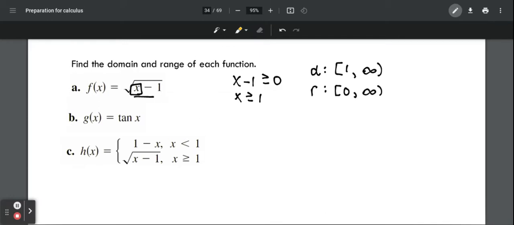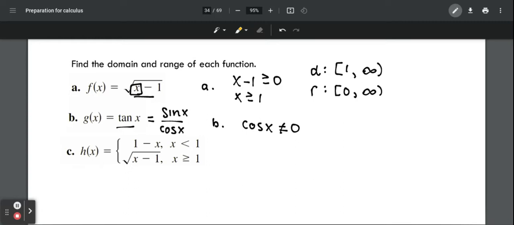All right, part B is your tangent. Without your calculator, remember that tangent is the sine of x over the cosine of x. So when we're talking domain, the cosine of x cannot equal 0.